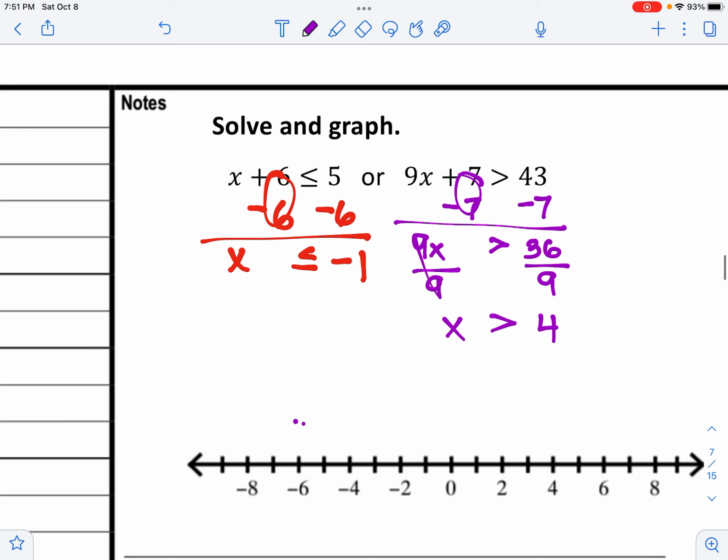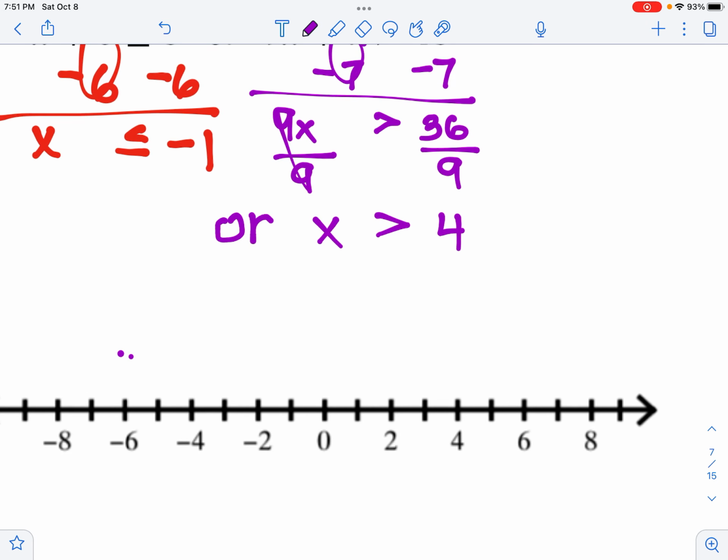Okay, so now in this case, it says here we can do one or the other. So these are joined by, again, the word or. So when I graph these, x is greater than 4. So that's an open circle, and then it's everything shaded this way. Okay.